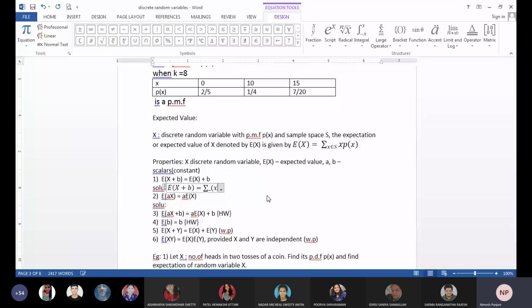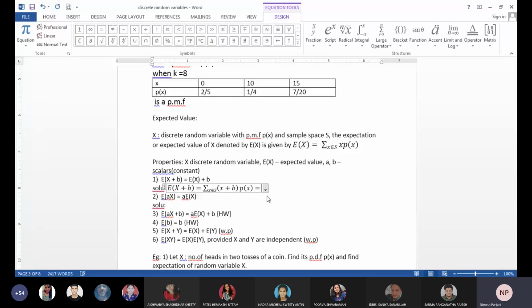Summation of x belonging to capital S of the variable, that is x plus b, multiplied by p of x. This is by the definition, summation x p(x).